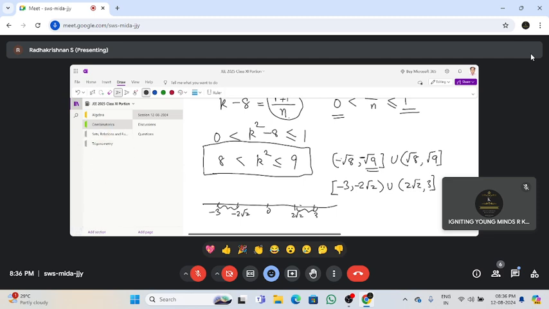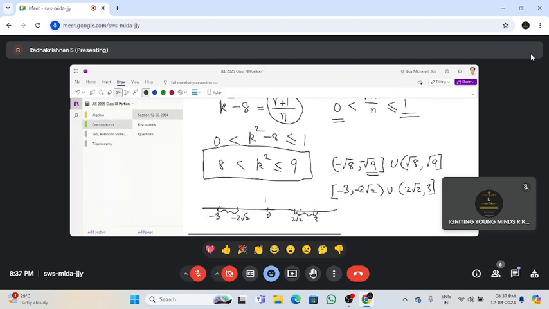But please note that minus 3 and 3 are square brackets, and 2 root 2 is a square bracket. Is that okay?